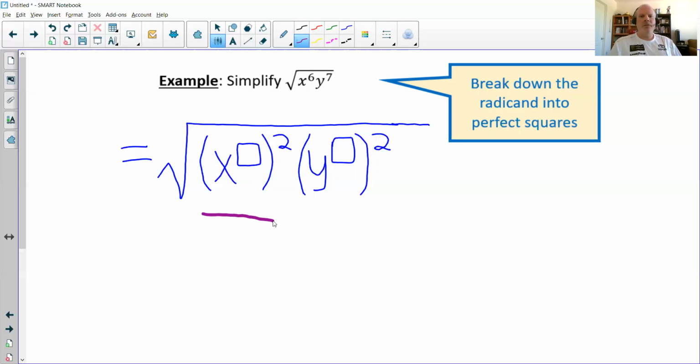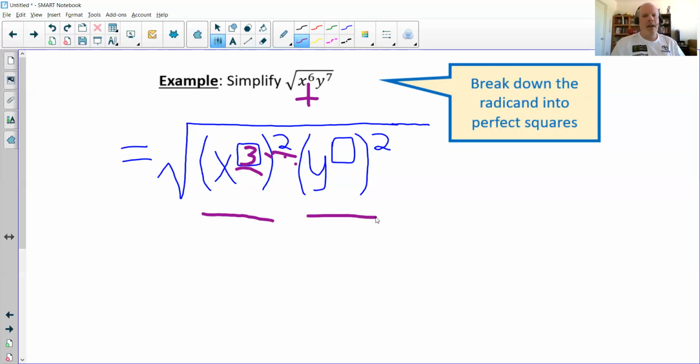Now, if we think back to our power to a power rule, we remember that we multiply the two exponents to get x to the 6th. So we'll put a number inside that box so that when we multiply this exponent and this exponent, it will equal 6. So clearly we'll put a 3 in that box.